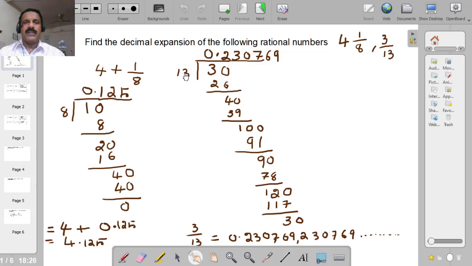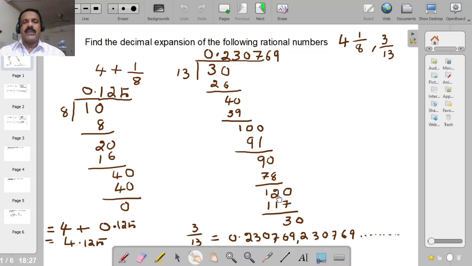So when we divide 90 by 13, we get 6. 13 times 6 is 78. So we can take 6 13s from 90, and we will get remainder 12.